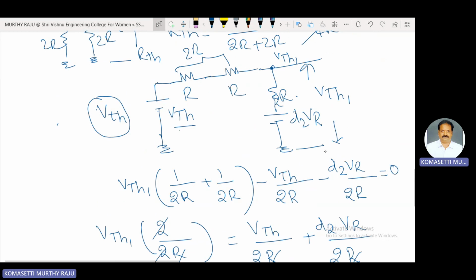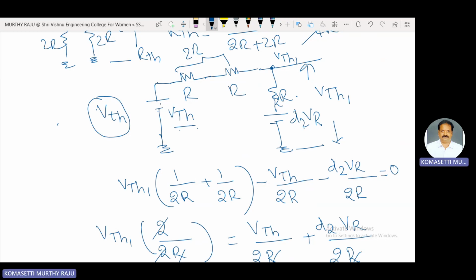Next, calculate equivalent resistance. In order to calculate equivalent resistance, these two, VTH and D2 VR, are short circuited, and R is 2R.